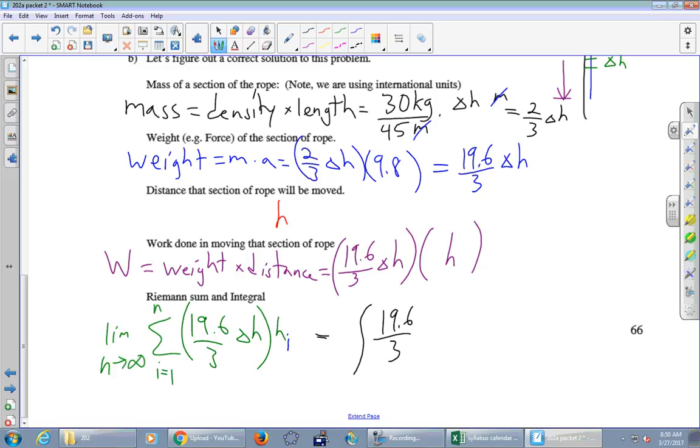Delta H becomes dH. H sub i changes back to H. And then you just have to look at the picture to find the limits. What is the smallest possible H and what is the biggest possible H? Smallest possible H is 0 for the particles of rope that are already at the top of the cliff. And the biggest H is the 45 meters for the particles at the bottom. So 0 to 45.